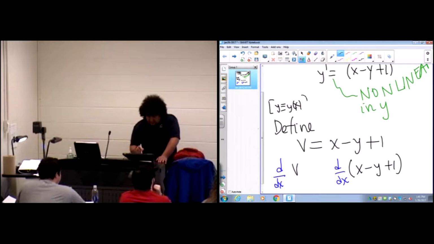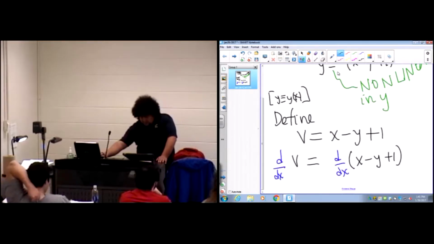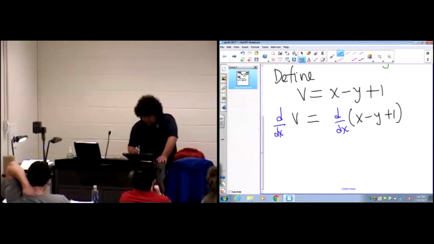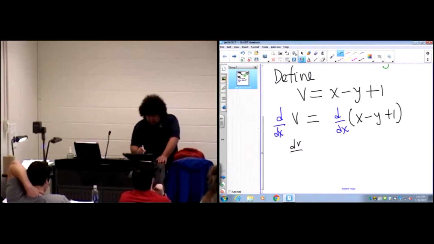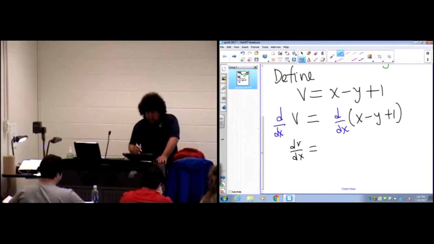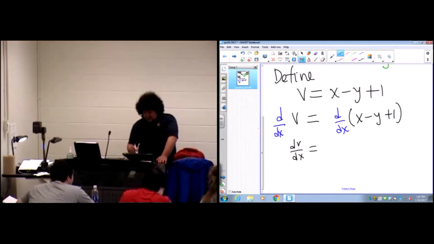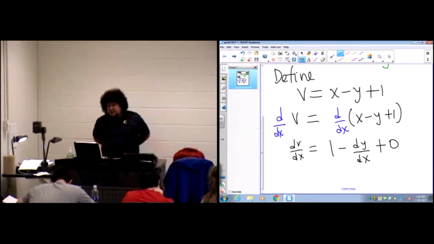We have derivative of v with respect to x on the left-hand side. On the right-hand side, we have derivative of x with respect to x, which is 1, minus derivative of y with respect to x, plus 0. Derivative of the constant 1 with respect to x would be 0.